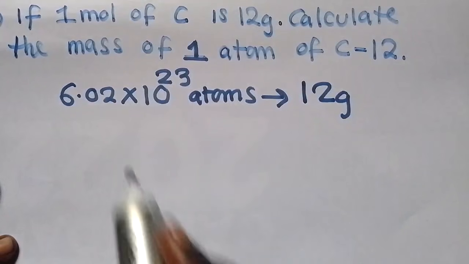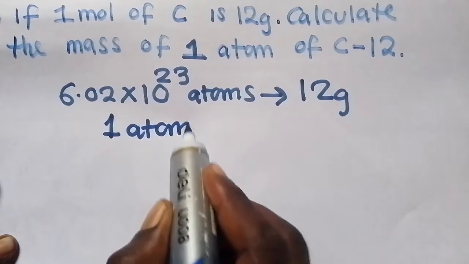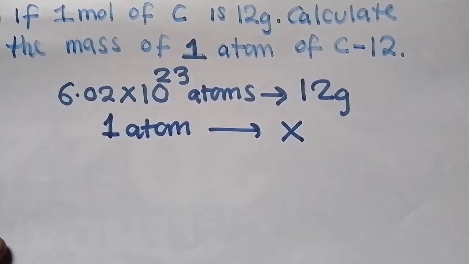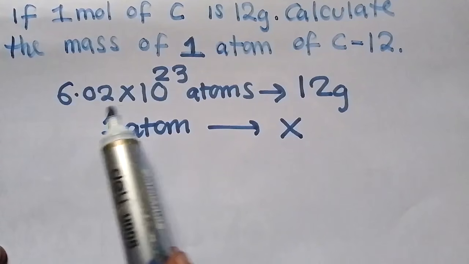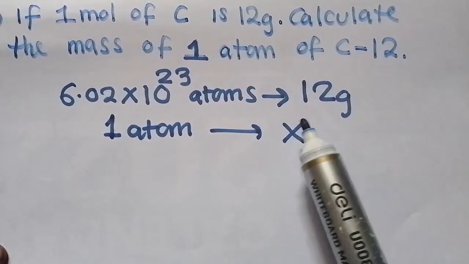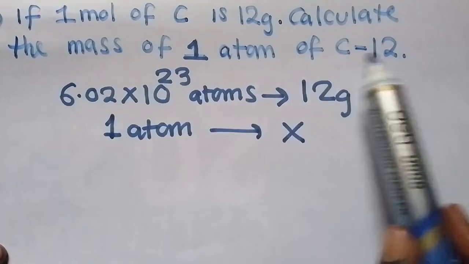Now, one atom is equivalent to X. We want to calculate the mass. So this is what you need to do. 6.02 times 10 to the power 23 atoms is equal to 12 grams of carbon 12.